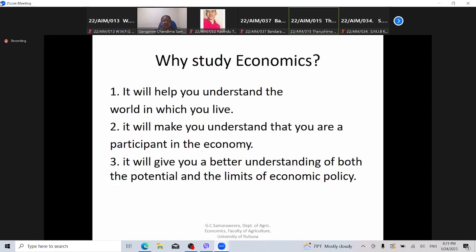So monetary policy and different import policies, exchange policies. So different policies are there. While studying economics, you will be able to learn all these. So these are the main three things you can explain about why you study economics.